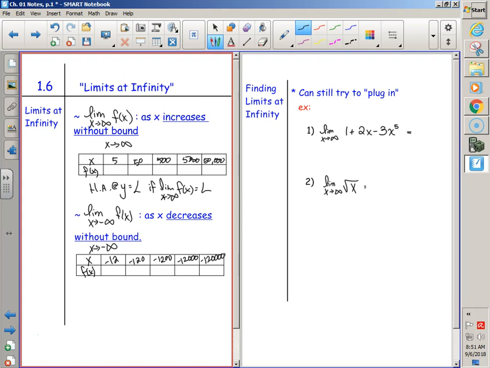A constant, a number. What's going to happen down here? A horizontal asymptote at y equals L, which will only be true if the limit as x goes to negative infinity of f of x is L.